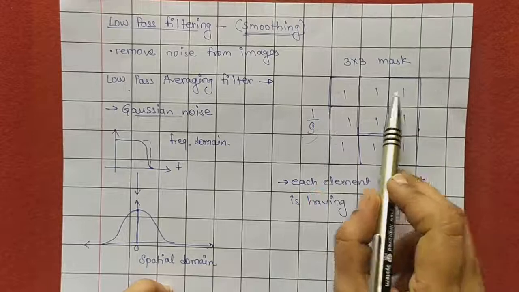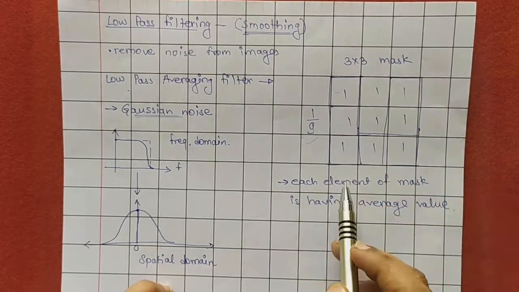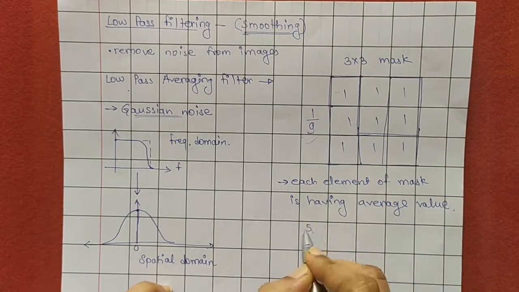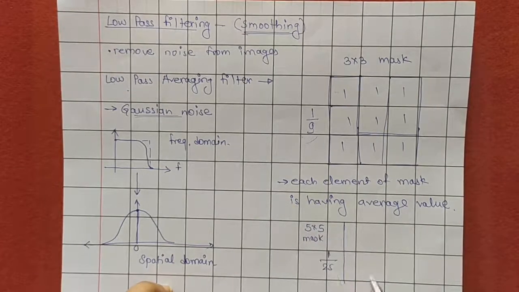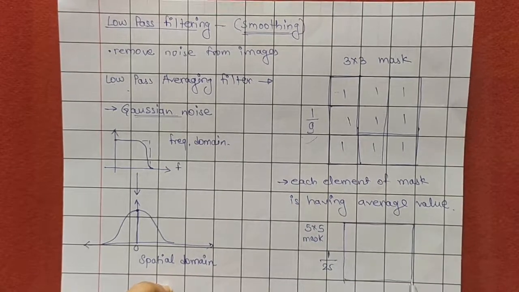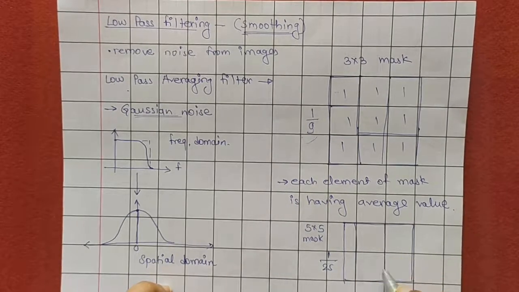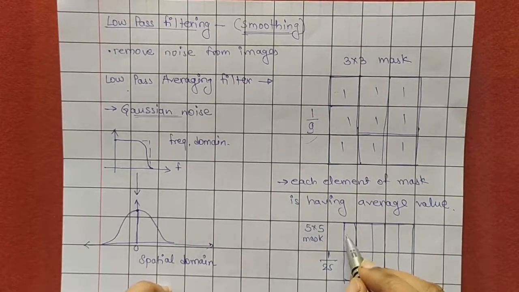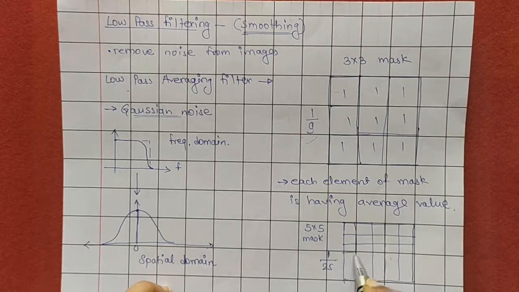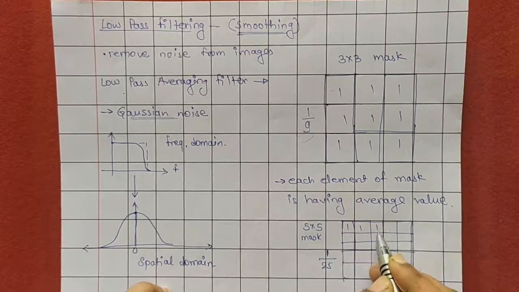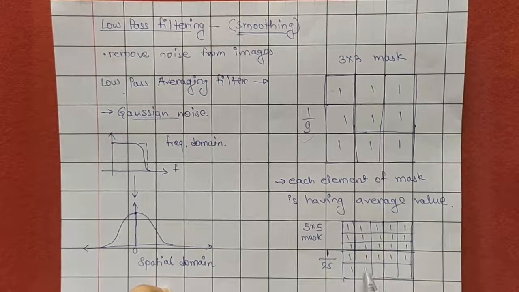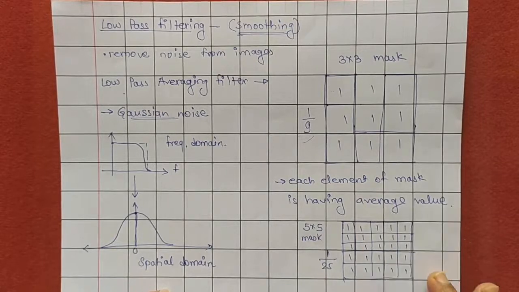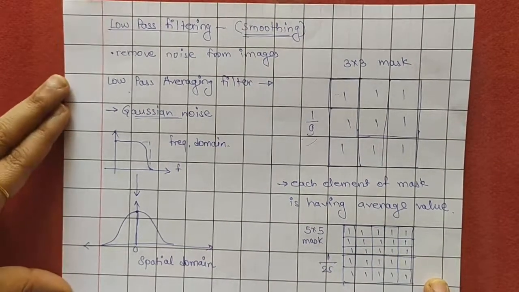There are 5 rows and 5 columns in a 5 by 5 mask. Here it will be 1 upon 25 into the matrix of ones, so this is a 5 by 5 averaging filter mask.